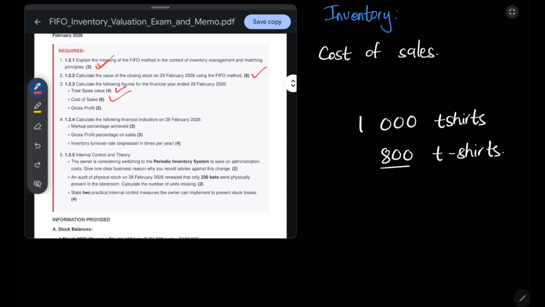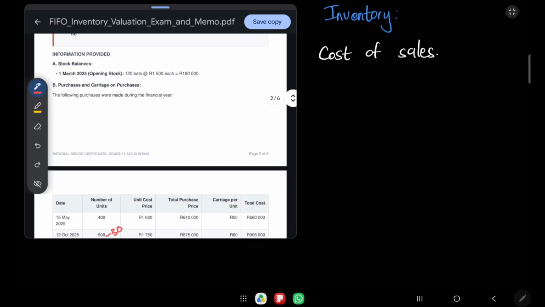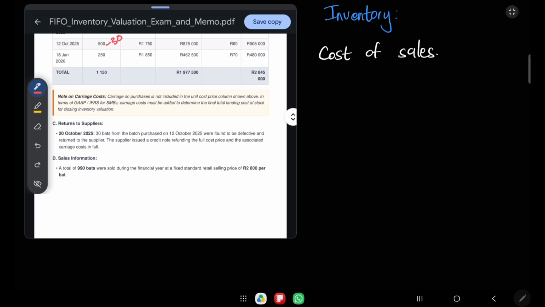We want to find the value of these 800 t-shirts, the money that we had to spend in order to sell those t-shirts. So you'll focus on your sales information. I wouldn't really say keywords because you'd have to overthink every time you enter an exam room, but when they give you a certain question trying to link into information, they said cost of sales. That means you have to somehow check your sales information.